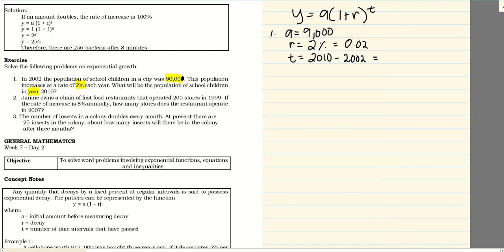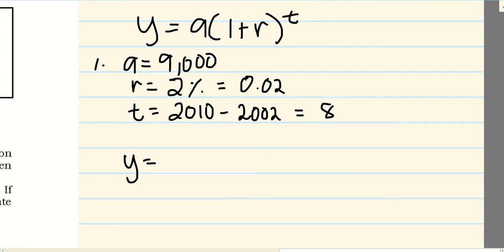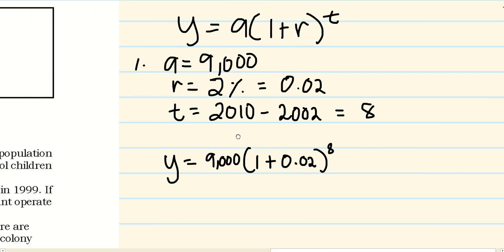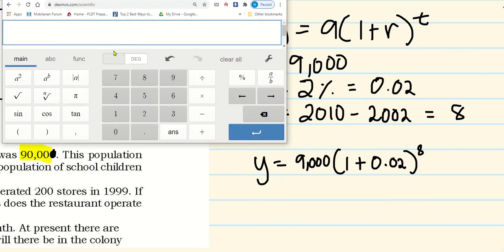So 2010 minus 2002 is 8 years. Now we substitute it into our formula. So our formula is a, which is 9,000, times 1 plus our rate, 0.02, to the power of 8. Let's move it aside and go to our calculator.